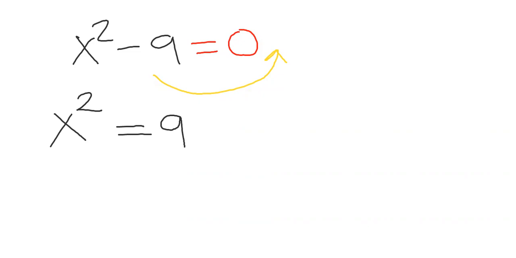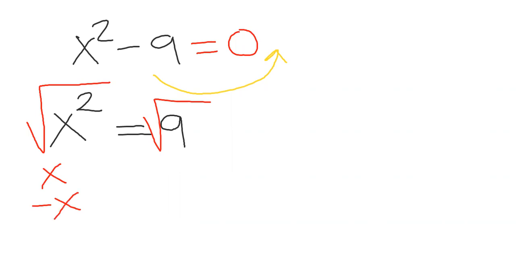Then the next thing that follows is take the square root of all your terms. Take the square root for the term on your left and take the square root for the term on your right. And the square root of x squared is x and negative x. The reason why we have two answers is because whenever you take a square root of any number, any variable, it should give you two answers.